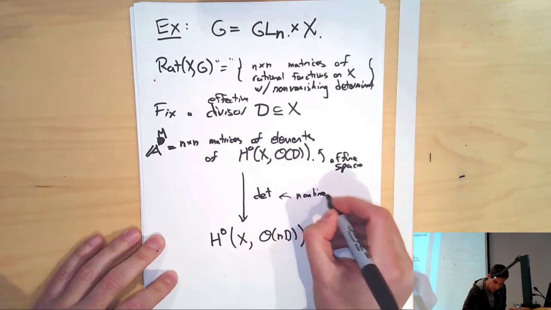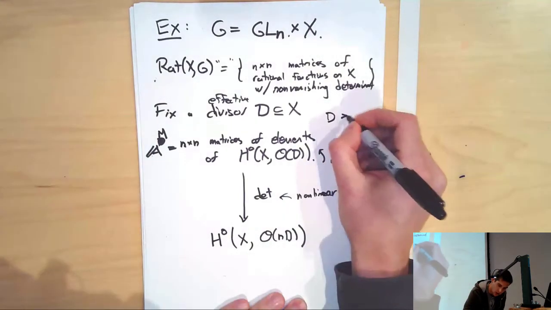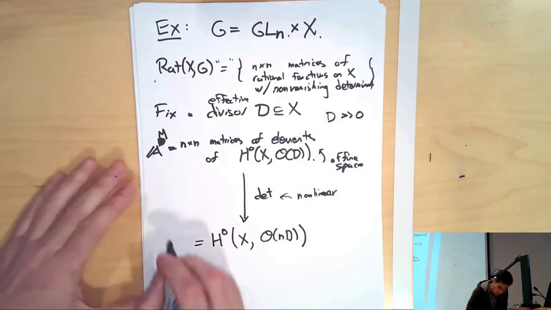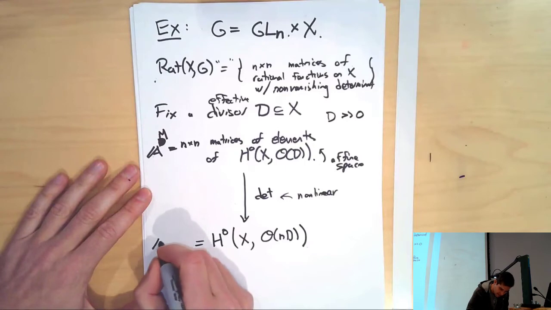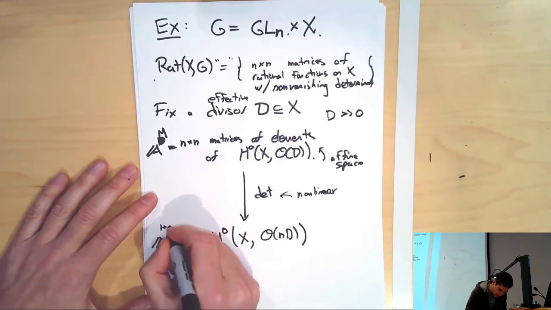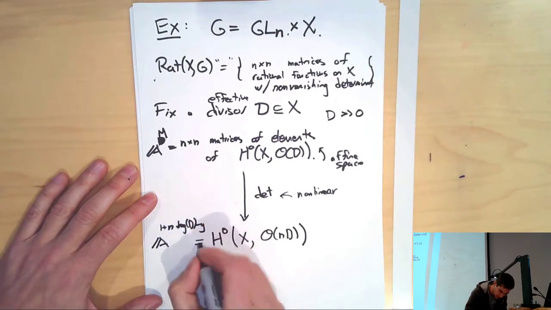It's a map from one affine space to another, but it's not linear. Okay, but now let's assume that D is sufficiently large that the Riemann-Roch theorem tells us exactly the dimension of this space. This is an affine space of dimension 1 plus n times the degree of D minus the genus of our curve.